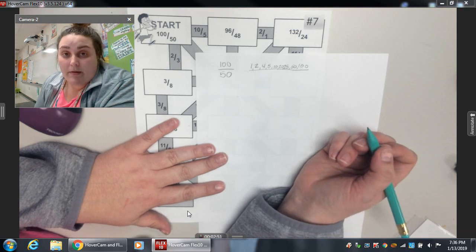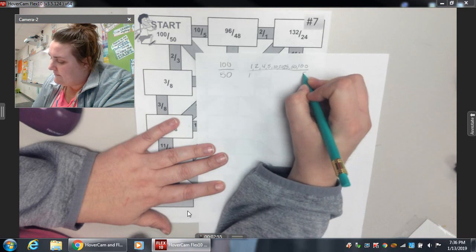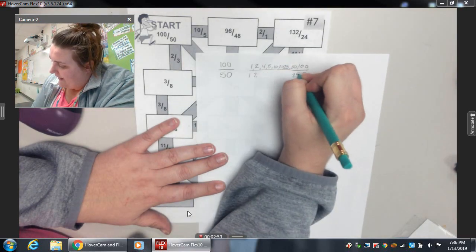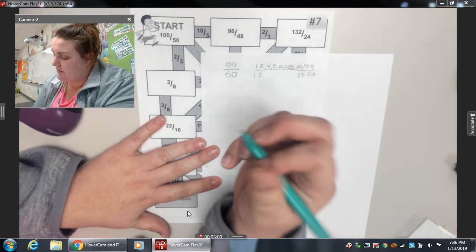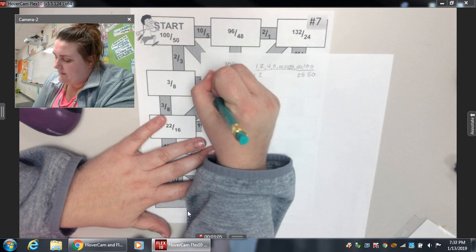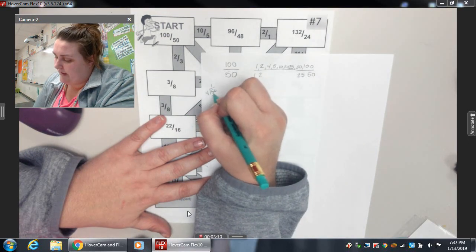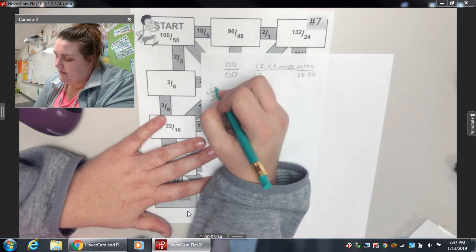And now I do the bottom number, the denominator. I can get it by 1, 50, 2, 25. Can't get there by 3s. Can I get there by 4s? Can 4 go into 50 evenly? Well, even I don't know that off the top of my head. 1, 0. Can 4 go into 10 evenly?